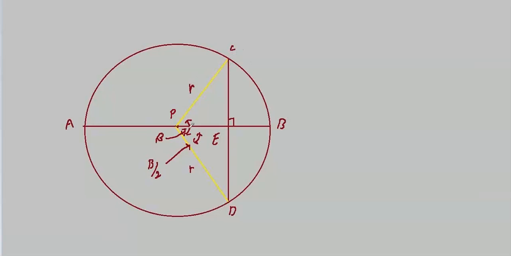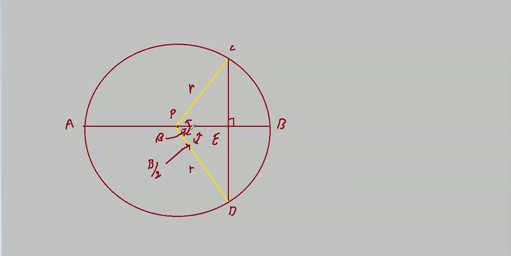This central angle, which would be the same. Remember, we measure the arc that is intercepted by a central angle by the central angle, so that if the central angle was beta, the arc measure would also be beta. What's the length of this chord?